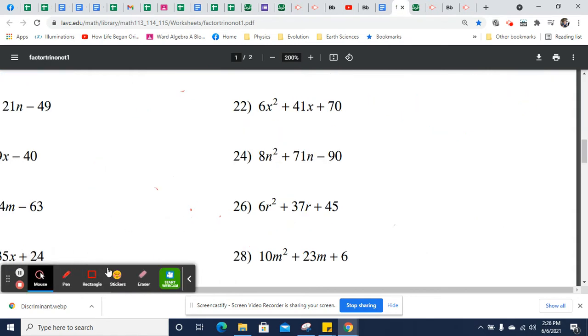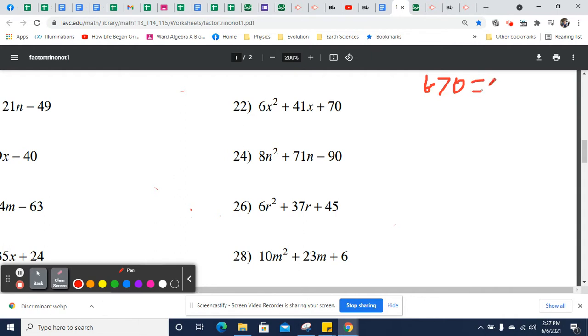Okay, now I'm going to take care of a couple more complicated ones. So I've got 6x squared plus 41x plus 70. Now I'm not going to make the big x because it takes up a lot of space, but I know I'm going to be getting 6 times 70, which happens to be 420.